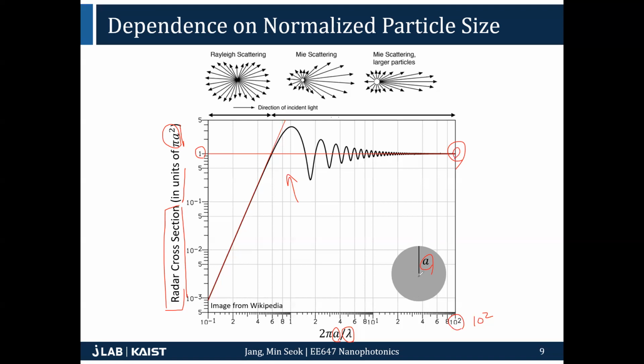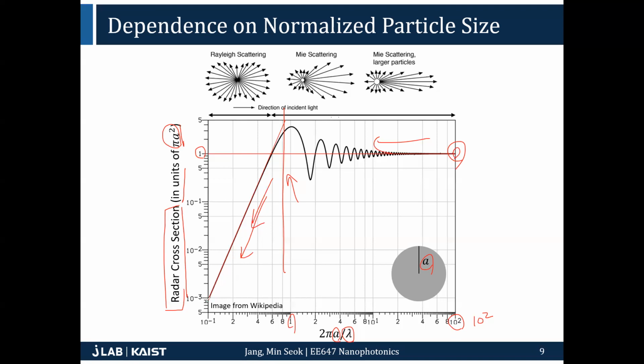But if you go to a smaller particle size, and if your particle becomes here, this is 1, so much smaller than the wavelength, then the dependence is completely different. You can see here, as the particle size decreases, your radar cross-section decreases much faster.